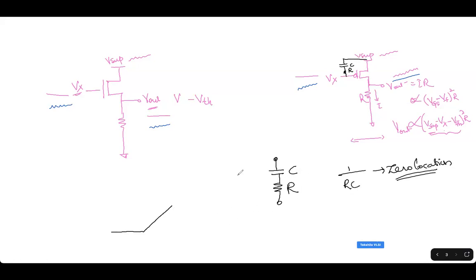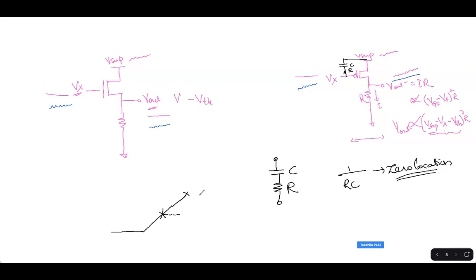Now this RC adds a zero in the overall gain A beta. Hence, it adds a pole in your PSRR. So there will be a pole in the PSRR well before UGB, where earlier it was going up to UGB.